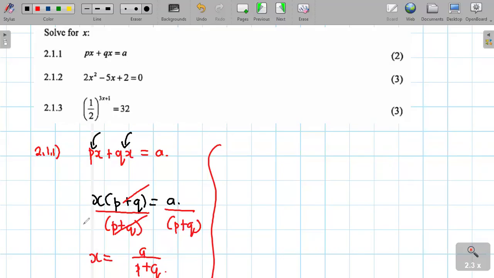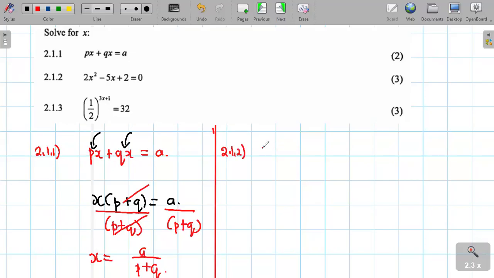All right, let's look at the second one. I'm just going to compress so that I can have all the answers on the same page.